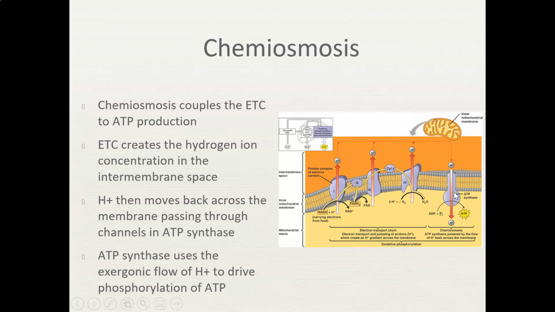The H pluses then come through that ATP synthase, help it to rotate, and then allow us to add that phosphate back to that ADP, creating the ATP as a result. So we're taking this energetic flow of H pluses to drive the phosphorylation of that ATP.